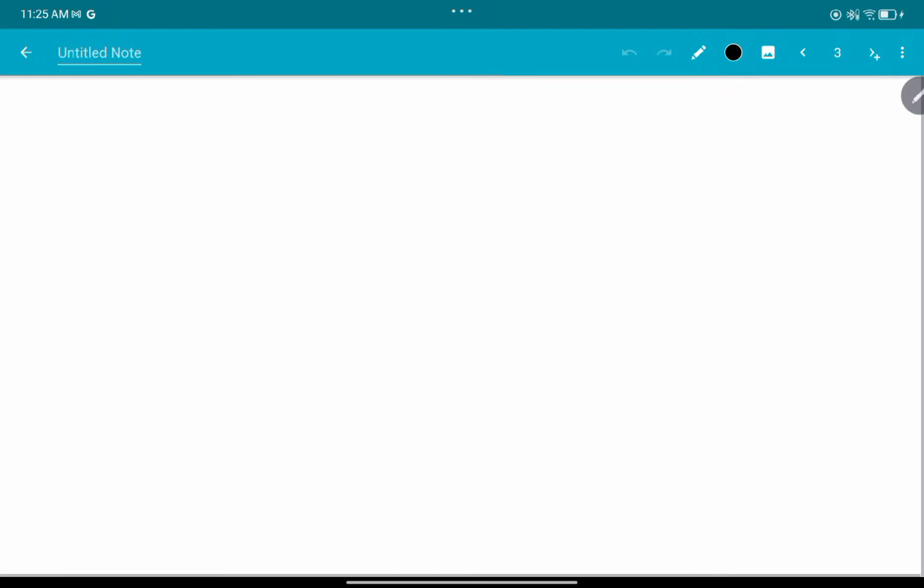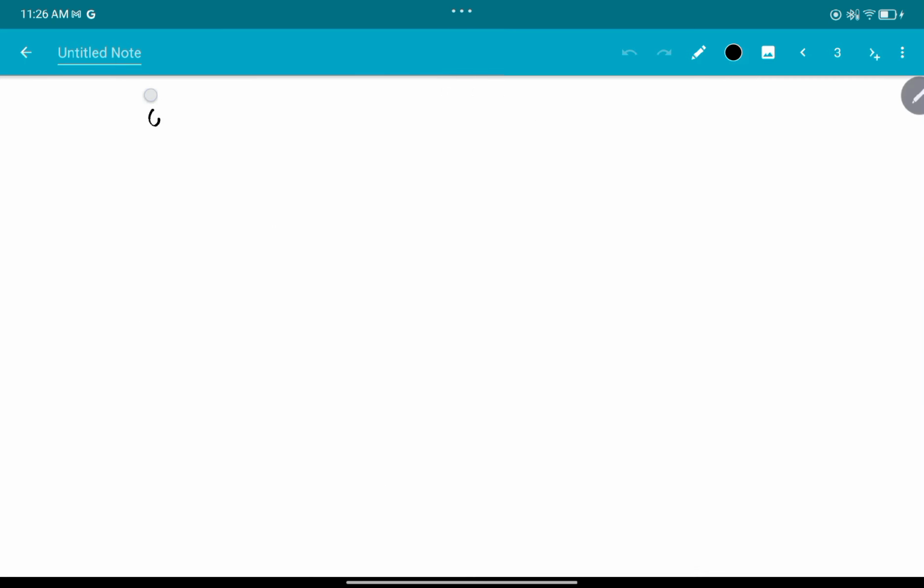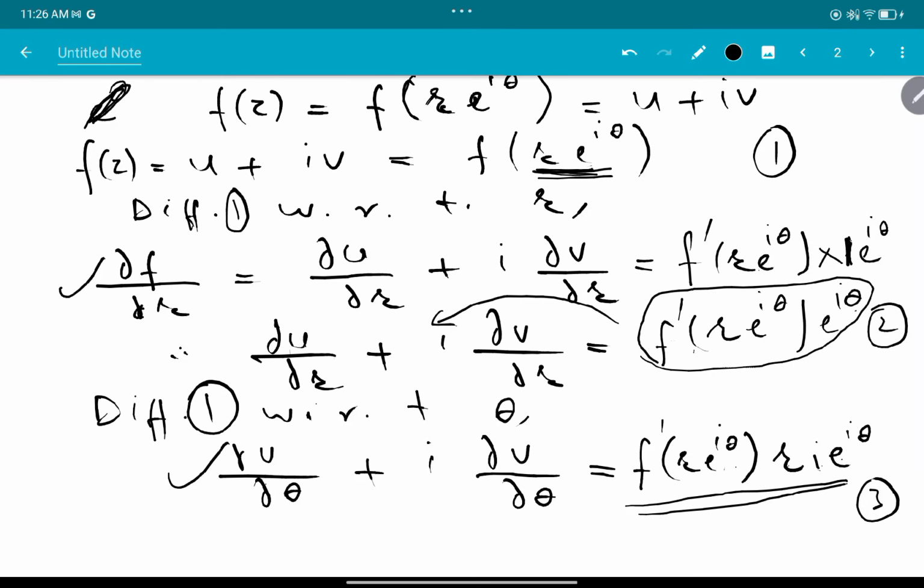Now we go to this. We have to write from this del u by del theta. We will start from this: del u by del theta plus i del v by del theta is equal to, now let us first see this.